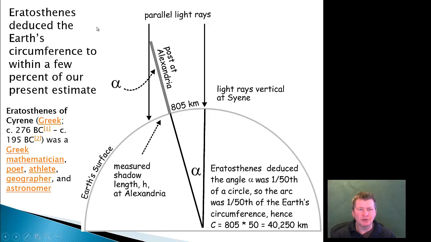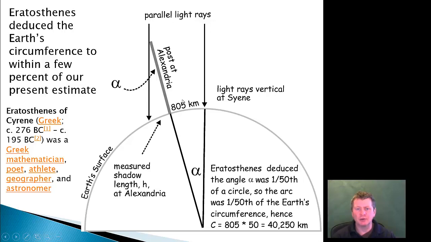Okay, a little ancient history back in BC time. It was postulated by, I can't pronounce his name, Eratosthenes. He deduced by looking at the angle of a post at Alexandria, since there was no shadow at the other location.